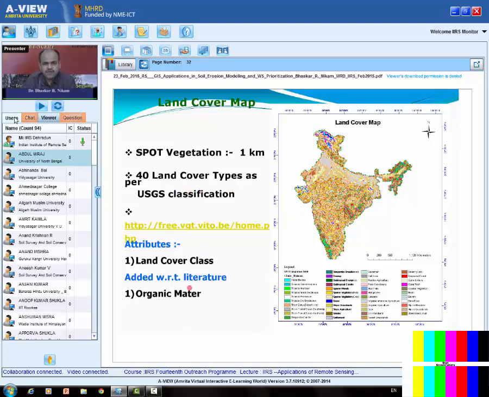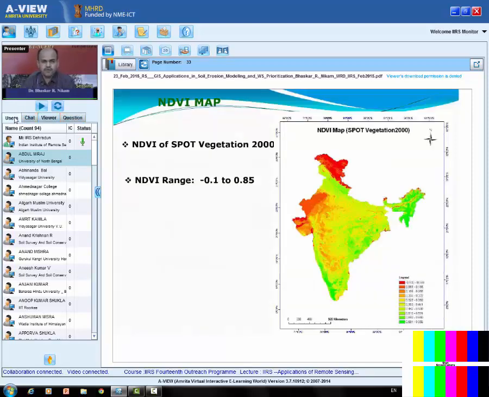There are 40 land use classes, and those land use classes have the organic matter content as the attribute information. We use the composite of the annual NDVI map for the same year. You can use a representative NDVI, but why have we used a composite? Because erosion will occur because of rainfall, and the rainfall in India is typically concentrated in the rainy season, but we do get rainfall in the winter and summer seasons also.